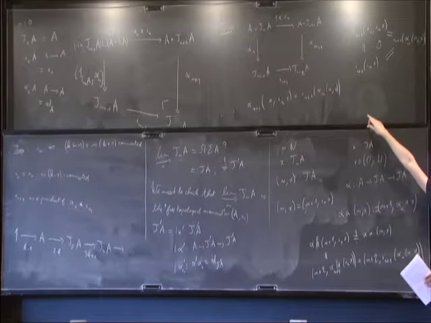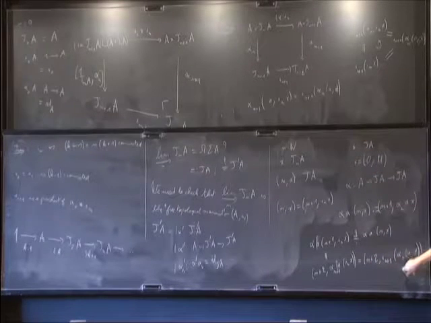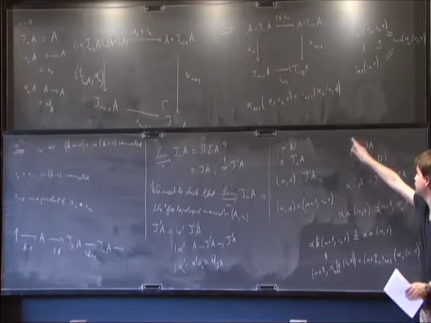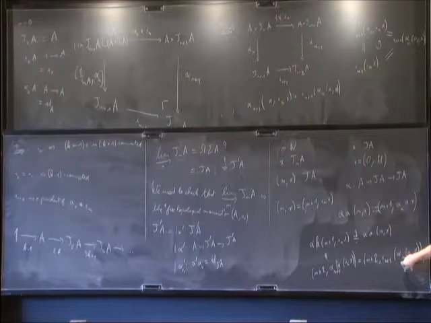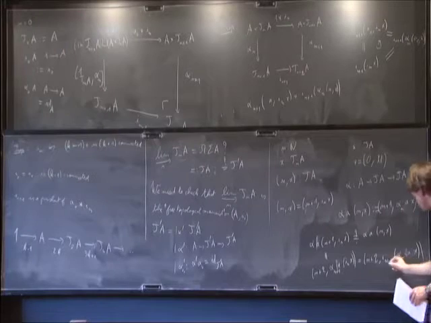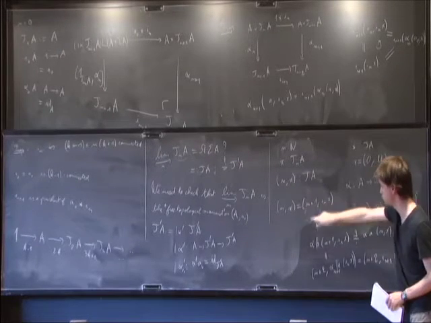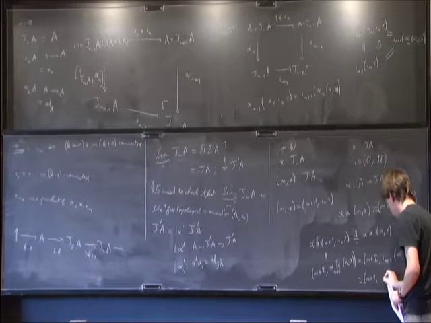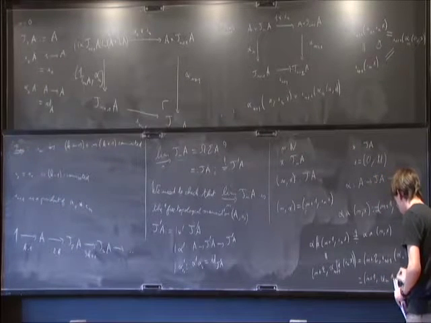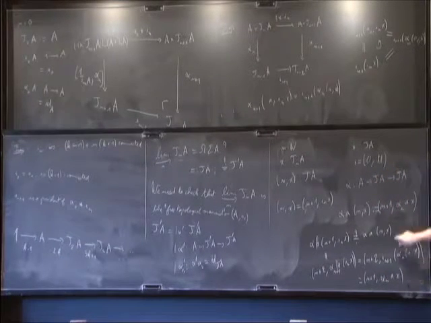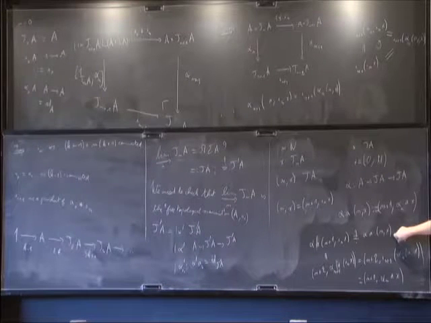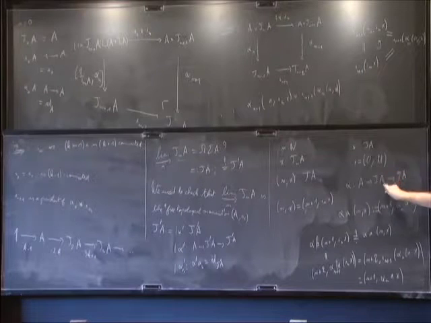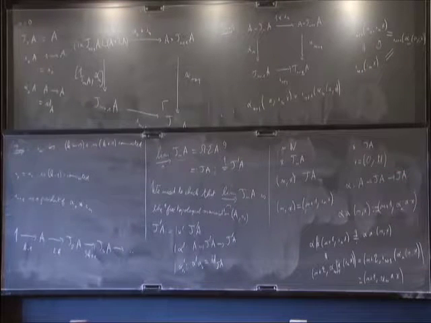So using the equation above, you get that alpha_{n+1} of a in of x is in_{n+1} of alpha_n a x. But now, using this equality, this is in_{n+1} alpha_n a x, which is exactly alpha of a and x. So you get a map from A to JA to JA.